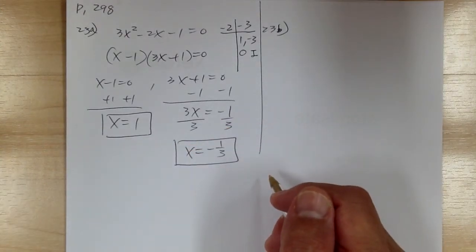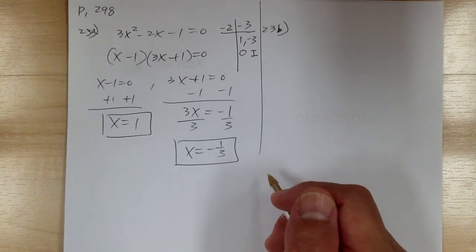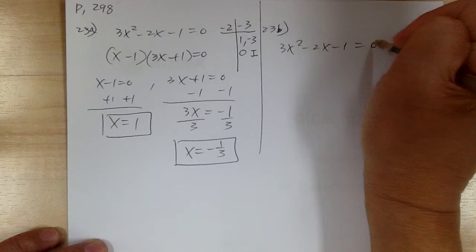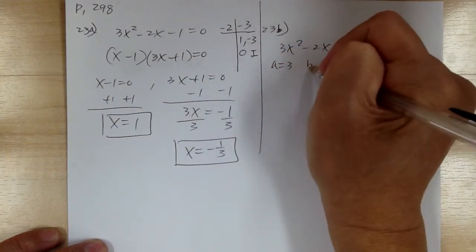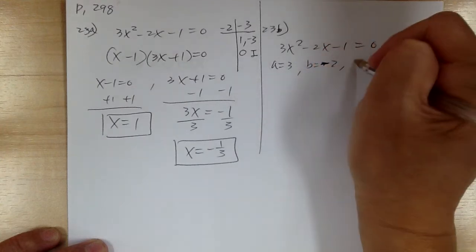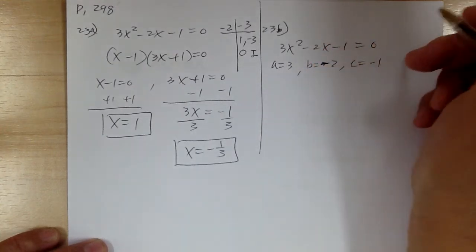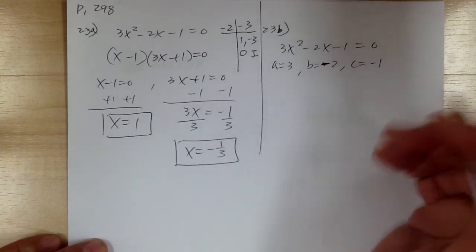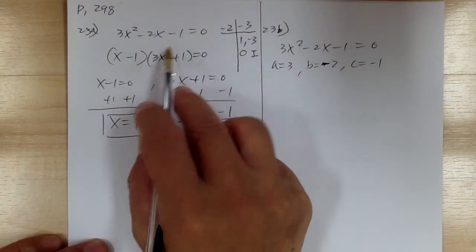Okay, now let's go and do it by the quadratic formula. So you got 3x squared minus 2x minus 1 equal to 0. So a equal to 3, b equal to negative 2, and c equal to negative 1. Now, if the problem does not specify, how do you know what method to use? Well, if the equation is fairly simple, you can use factoring.